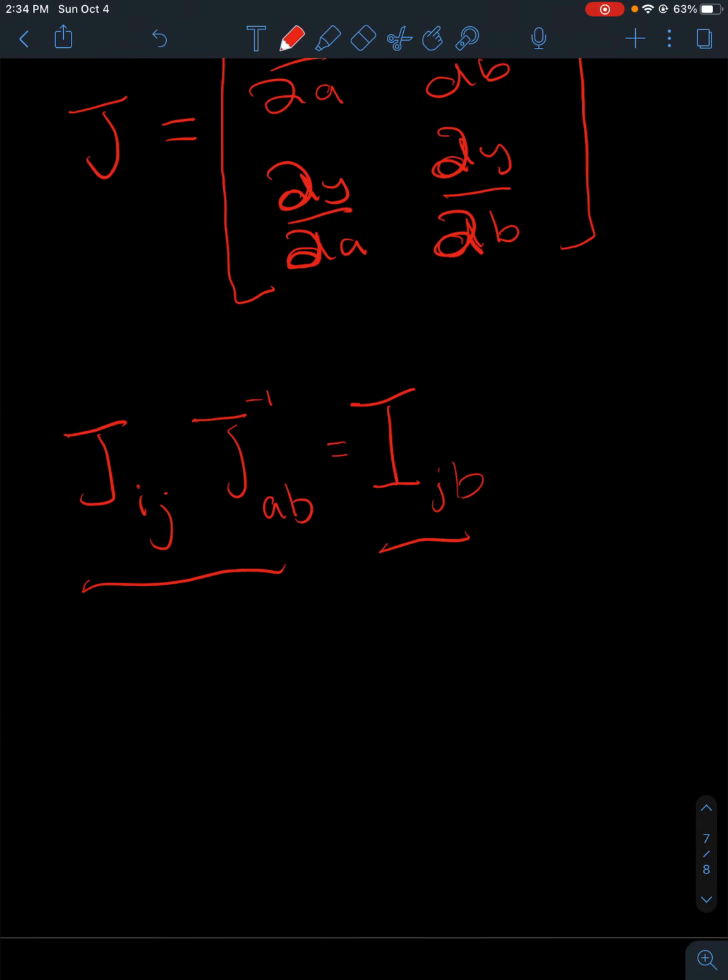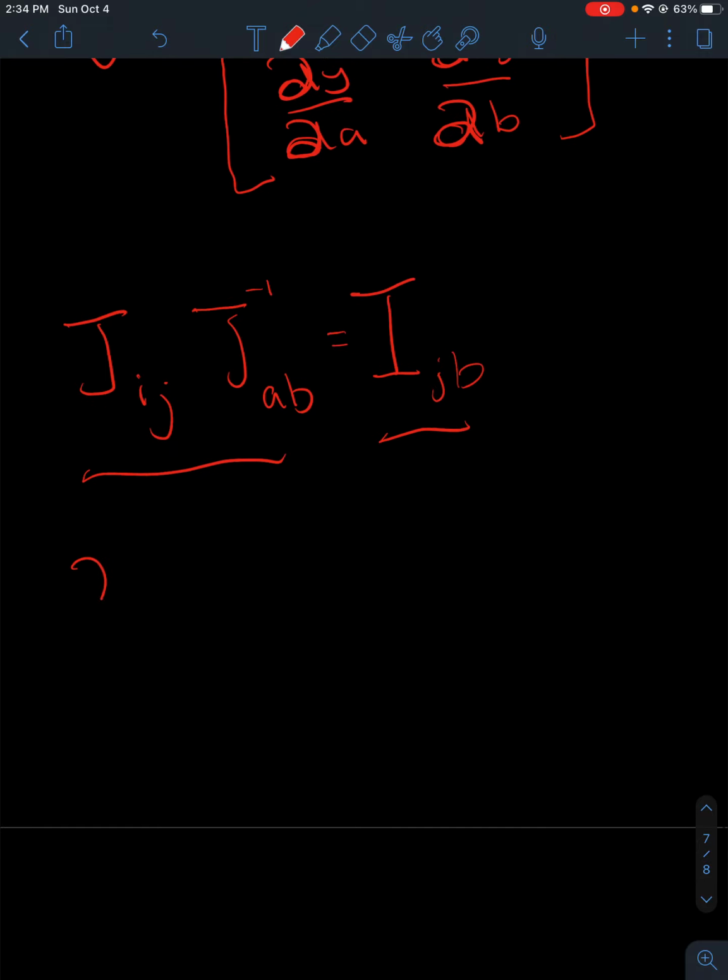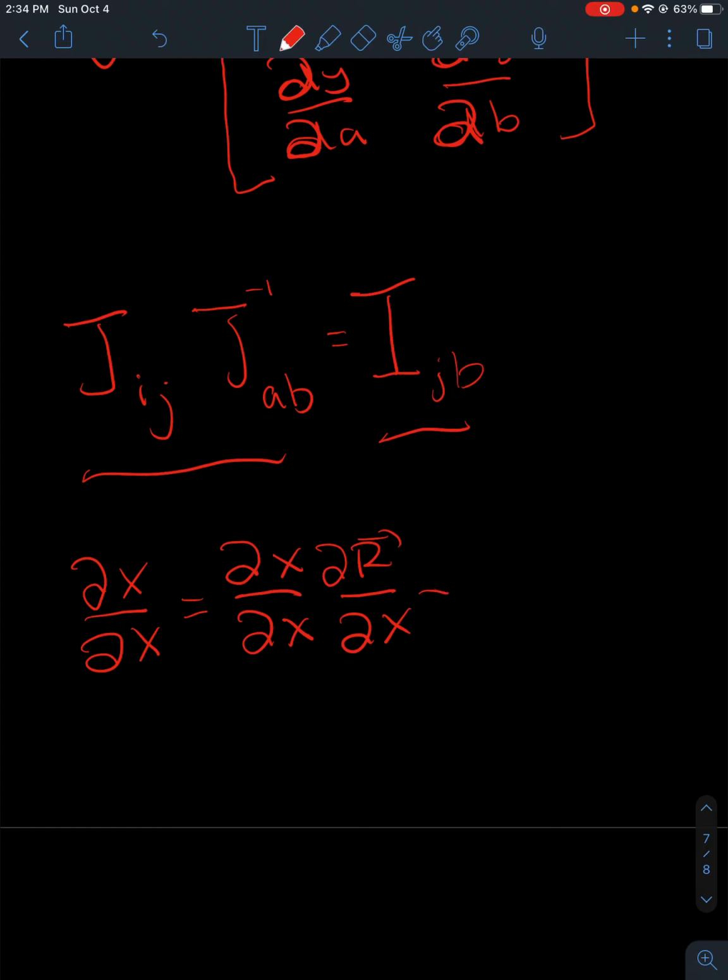To prove that it is an inverse, we can just expand partial x over partial x using the multivariable chain rule. That's partial x over partial x, plus partial y over, sorry, what would this be?